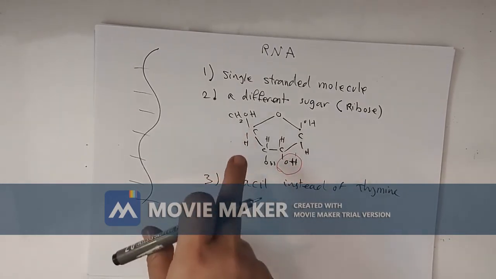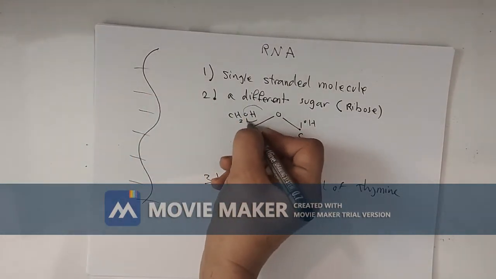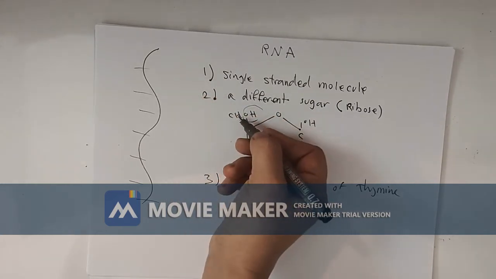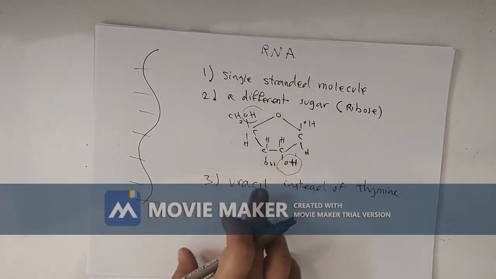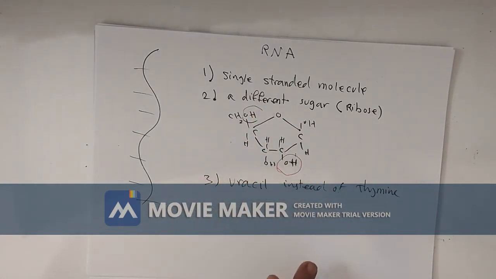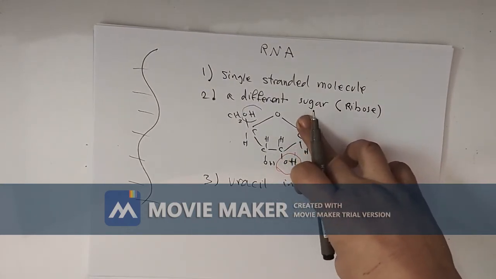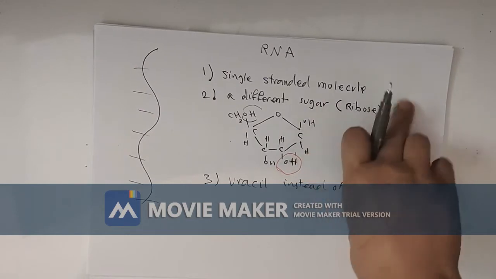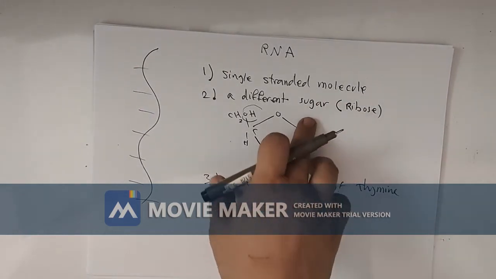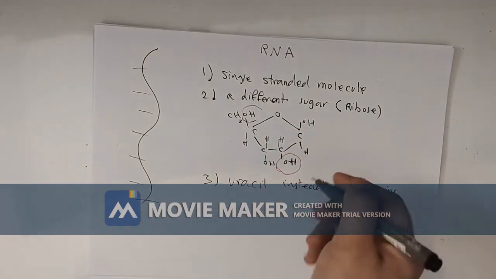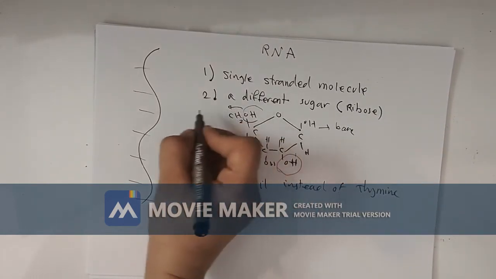And when they attach from here to the phosphate group, the OH reacts with the phosphate group, so it goes away, so it becomes CH2. And when it reacts from the other side with the base, the OH group from this side also disappears. Doesn't matter which base it is, the OH reacts with that base, and this one reacts with the phosphate.